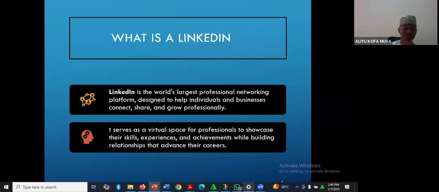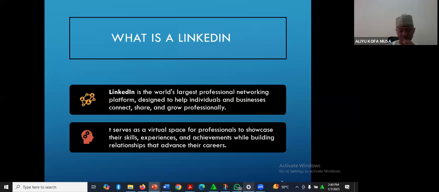It was established in 2003. And as much as we are talking of career advancement, career development, and networking, you have to talk of LinkedIn. It is designed to help individuals and businesses connect, share, and grow professionally. It also serves as a virtual space for professionals to showcase their skills, experiences, and achievements while building relationships that advance their careers.